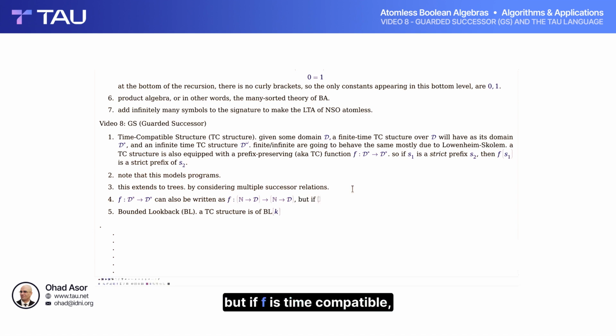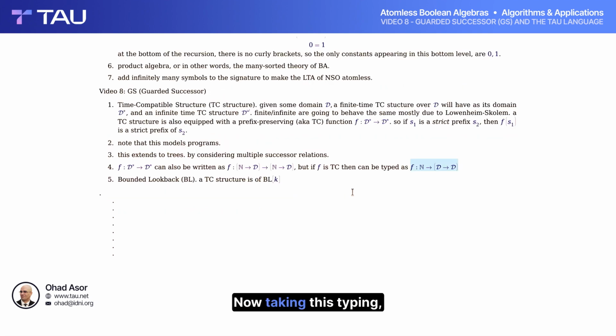But if f is time compatible, then it can be typed like this. You give me a point in time, and I give you a function from specific input to specific output. Now, taking this typing, at each point in time, at each natural number, we get a function from D to D. So now we can go back to define bounded lookback.